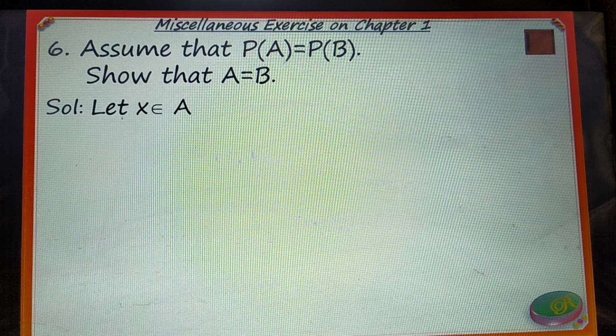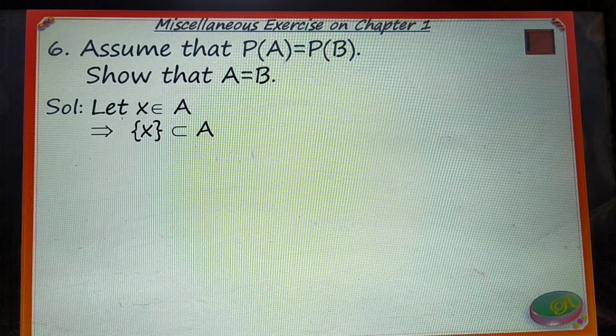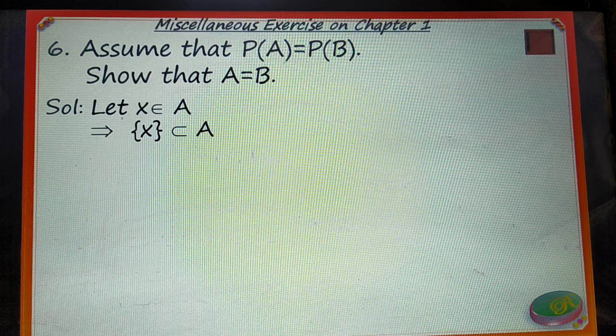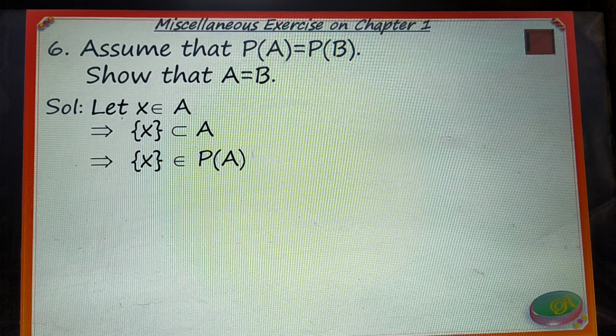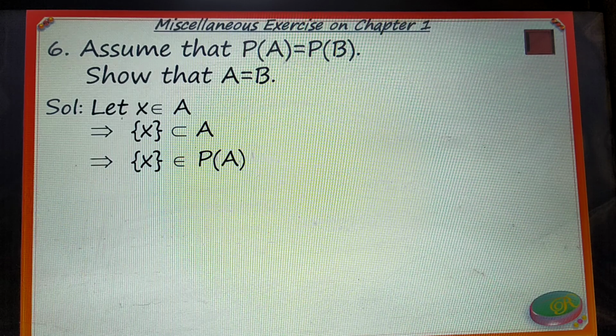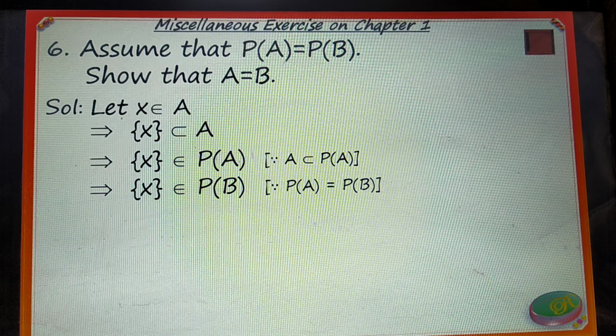Let X belong to A. This implies {X} is a subset of A. This implies {X} belongs to P(A). This implies {X} belongs to P(B), because P(A) is equal to P(B).